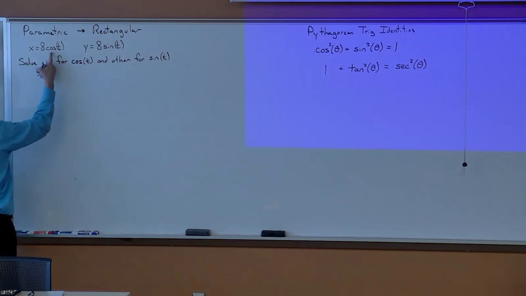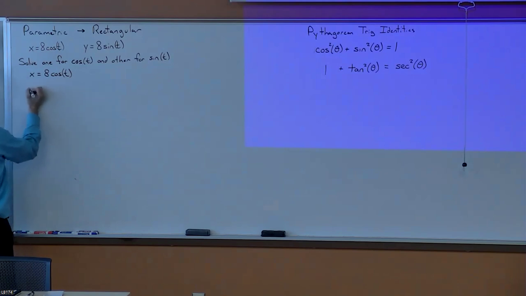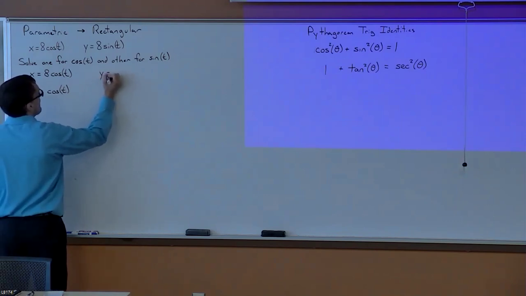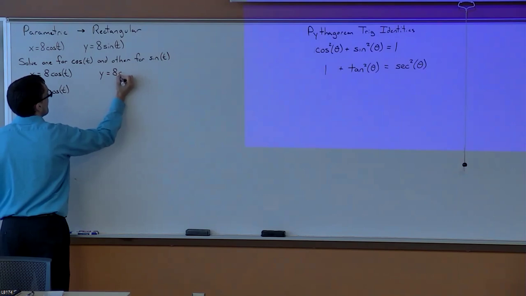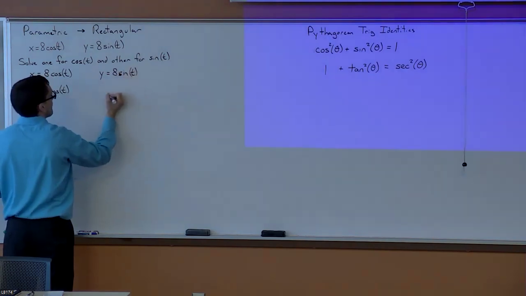So for instance, this one, we'd go x equals 8 times cosine of t. Dividing both sides by 8 gives me x over 8 is equal to cosine of t. Y equals 8 times sine of t.